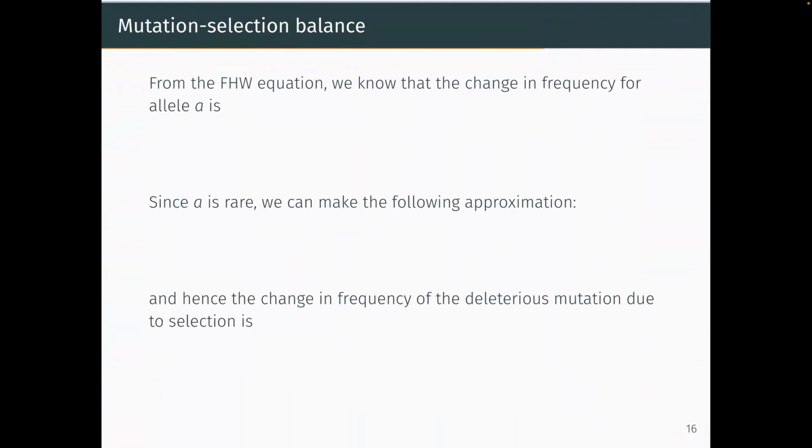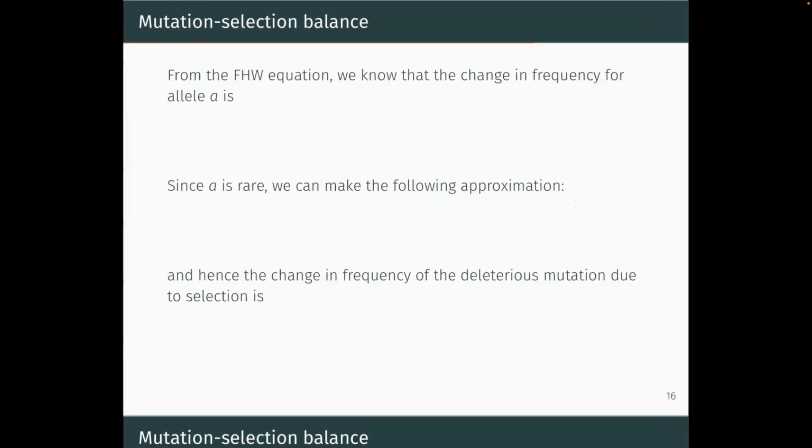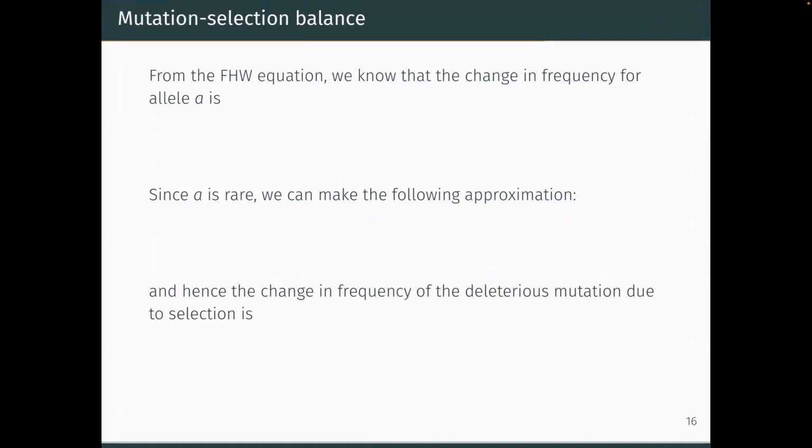So from our Fisher-Haldane-Wright equation, the format that we had above, we're now going to be thinking about things in terms of Q's rather than P's, but because it's symmetric, we can just flip everything around. You can rewrite everything that was in terms of P's in terms of Q's, and it doesn't change anything because it was arbitrary that we chose P over Q. So in this case, we can think about the change in one generation of allele little a, which is our recessive deleterious allele.